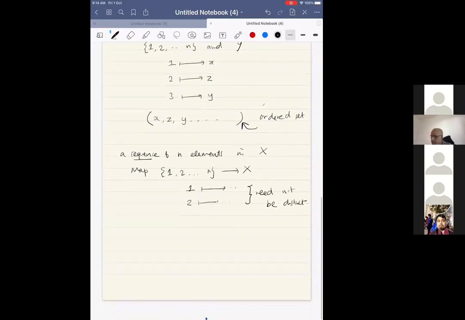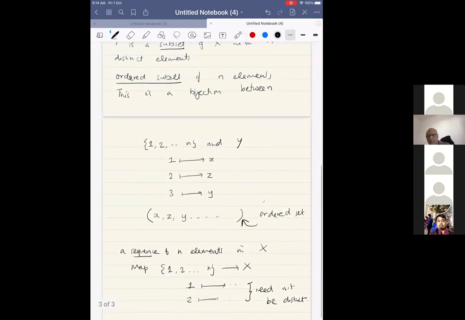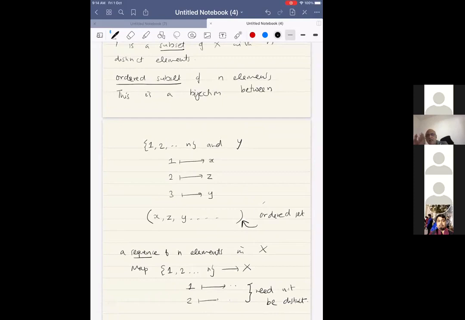So these are three different things: a subset of X consisting of n elements, an ordered subset of X with n elements, and a sequence of n elements in X. These are three distinct things. A sequence is a map from the set 1 to n to X. An ordered subset with n elements is a bijective map from the set 1 to n to X. And a subset with n elements is just the subset without any order in them.